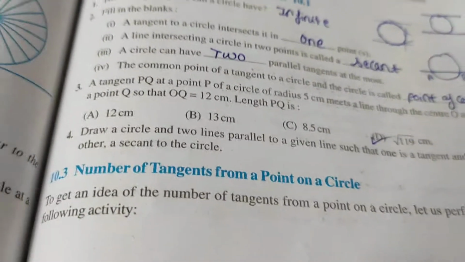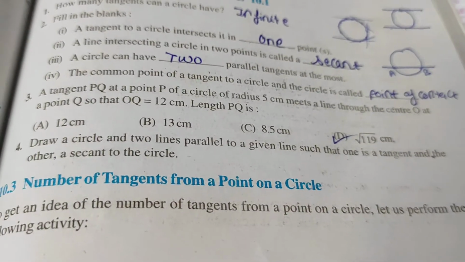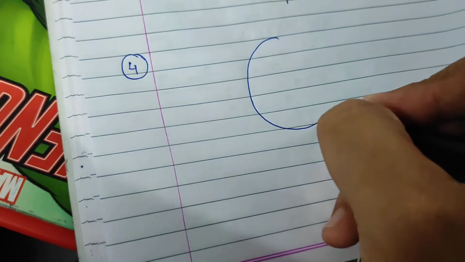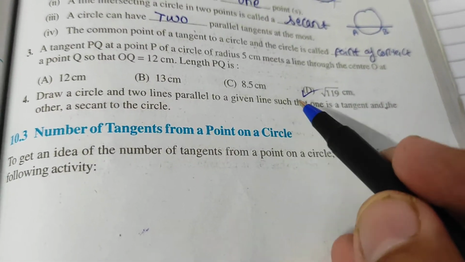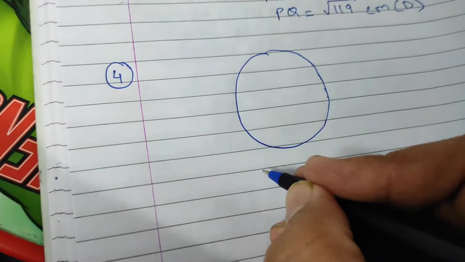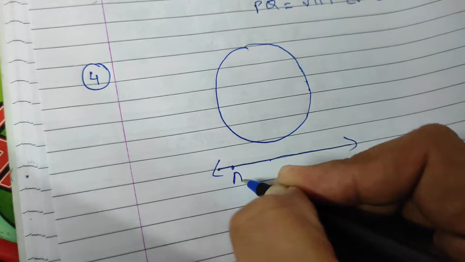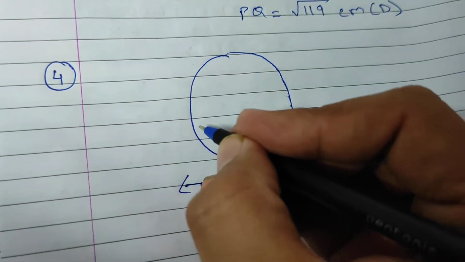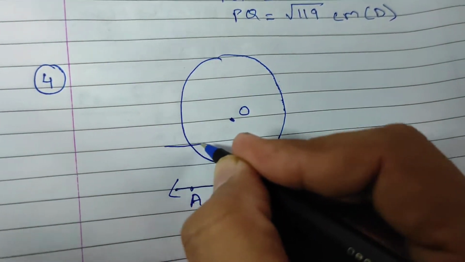Now coming to the last fourth sum, draw a circle and 2 lines. So first I draw a circle and 2 lines parallel to a given line such that one is a tangent and other is a secant. Right, so say for example, this is my given line AB. I have to draw 2 other lines. One of them should be a secant.